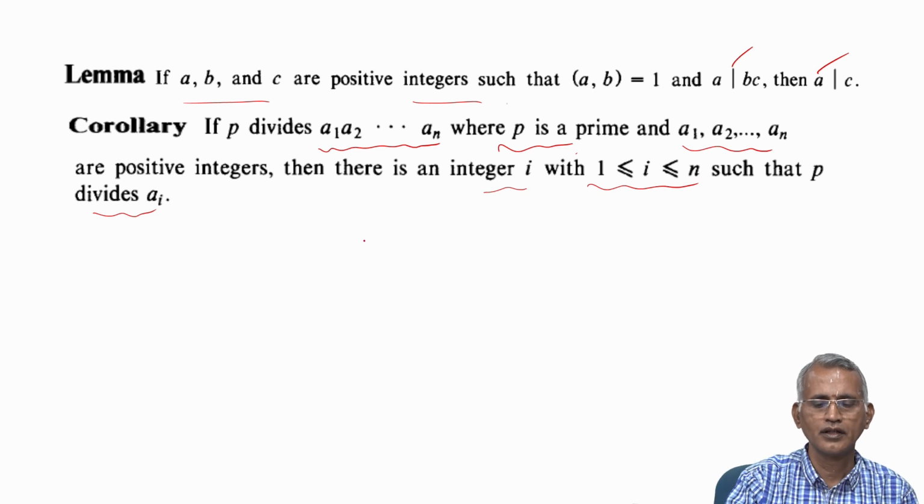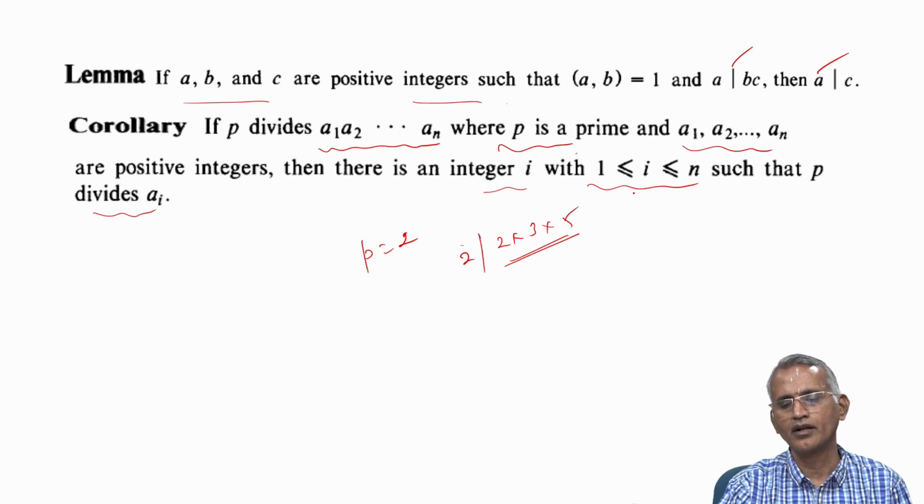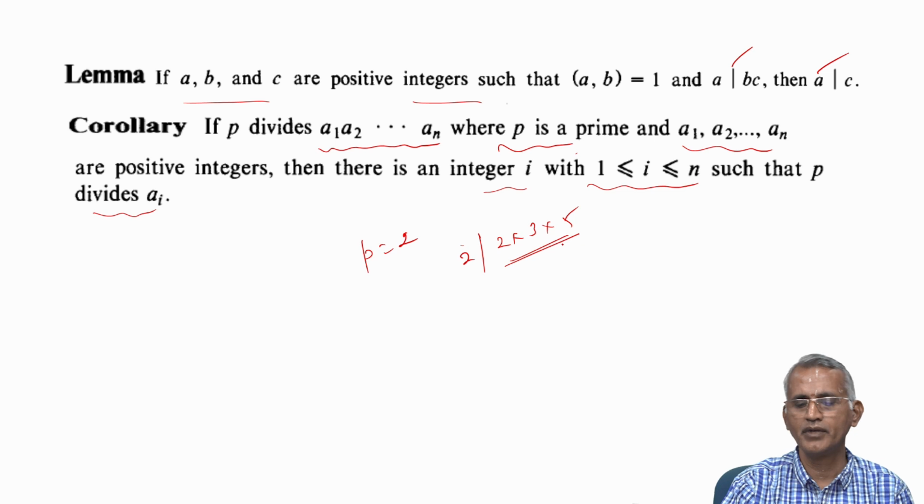So if P divides the product of the numbers 2 into 3 into 5, where P is a prime and these numbers are positive integers, then P divides one number in between, which may be the first, or the nth, or in between them.